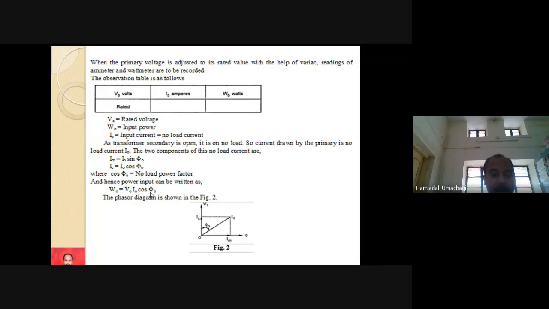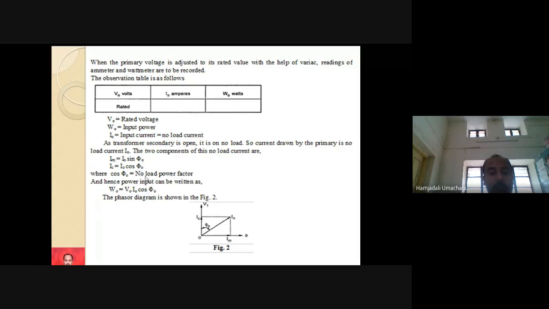Once again, whatever value you are getting, if you take cos inverse of that value, then you will get the no load power factor angle phi naught. Now this phi naught value you have to substitute for the sine function as well as for the cos function. If you substitute for the sine function and multiply it with I naught, then you'll get the magnetizing current.